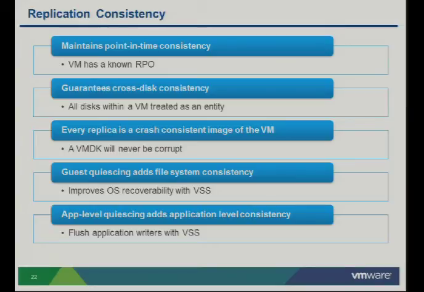On top of this, we can add an additional level of consistency. If you turn on the guest level quiescing, then while creating the lightweight delta, we actually go talk to the guest and ask the guest operating system to flush the file system, in which case the replicas are going to be file level consistent.